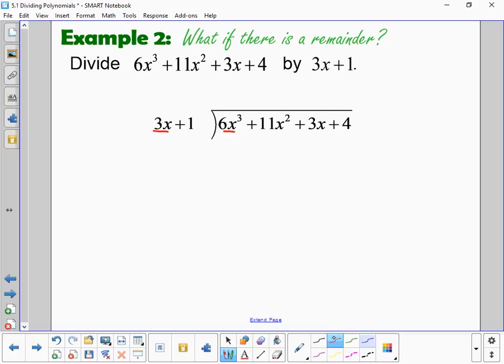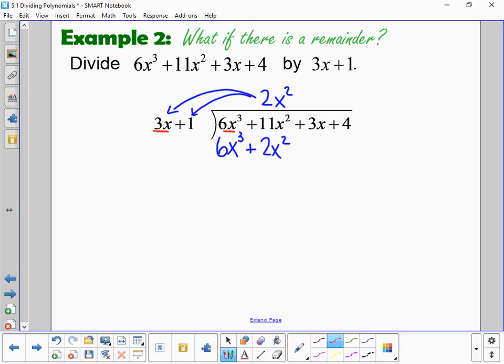Well, hopefully you notice that you need 2 factors of x and you need a coefficient 2. So if we multiply this 2x squared times the 3x plus 1, we get 6x to the third plus 2x squared. Don't forget to distribute to both parts here.